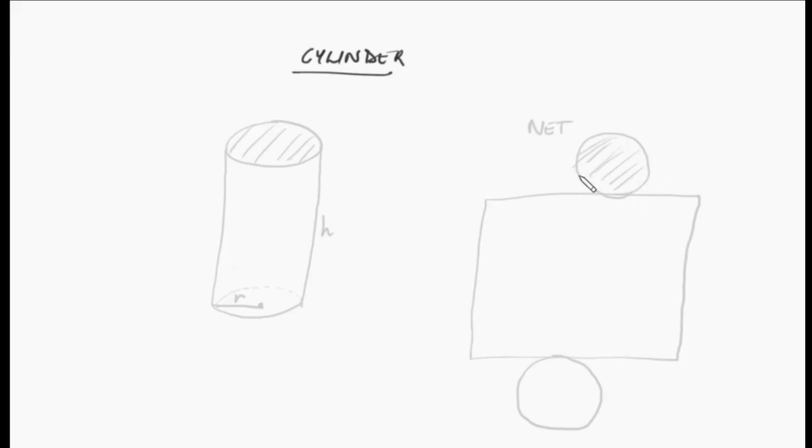So this is the upper circle, the lower circle, and this is the curved surface. We have unfolded it into a rectangle. It's like we dissected this circle and then opened up this curved surface into a rectangle. So this is the net of the cylinder. There will be the radius here and the height there. So now this becomes the circumference.